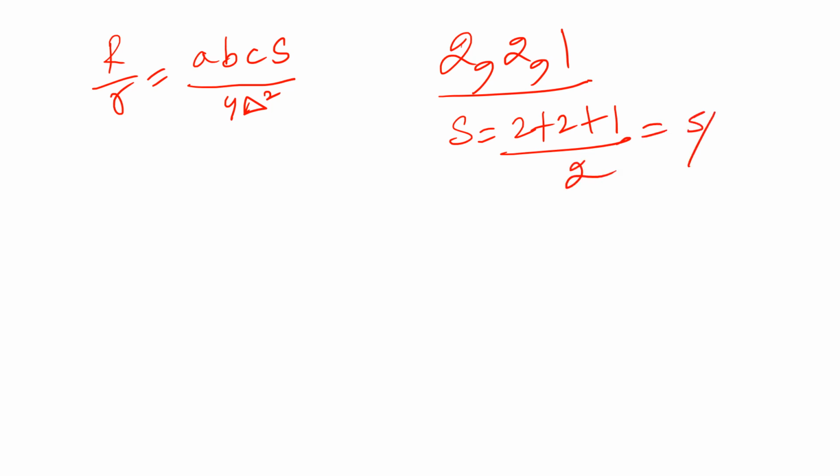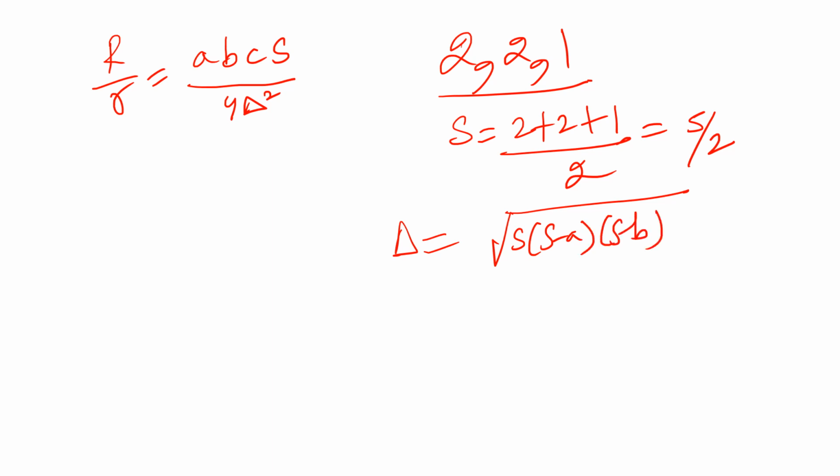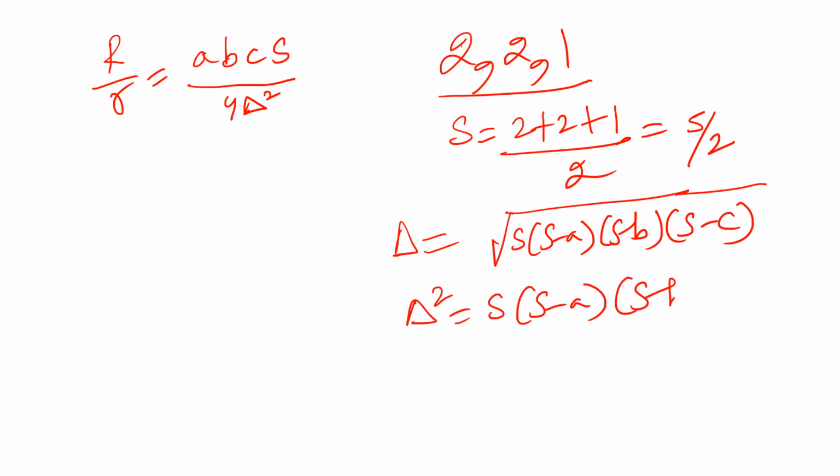So this is 5 by 2. And delta is, we know by Heron's formula, the square root of S, S minus A, S minus B, S minus C. Fine. So delta square is going to be S into S minus A into S minus B into S minus C.